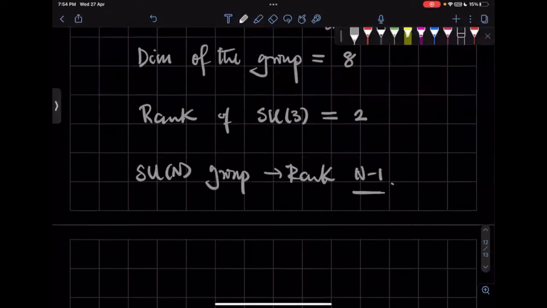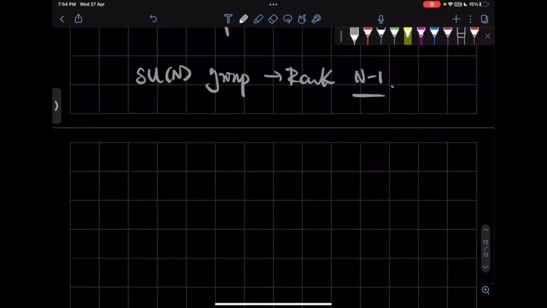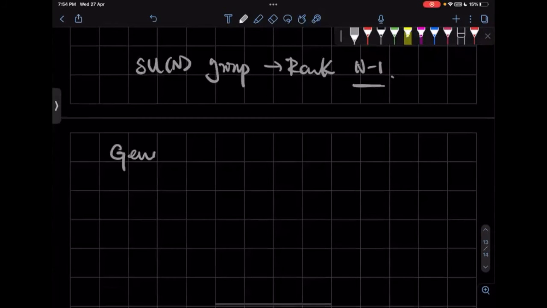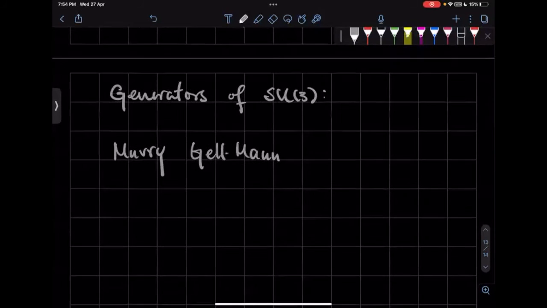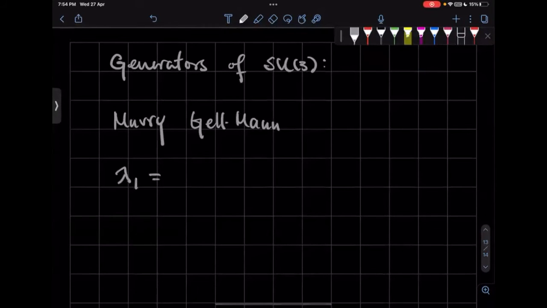Now I'm just going to give you the generators of SU3. For physics, they were constructed by Murray Gell-Mann, so they're known as Gell-Mann matrices. They're 3 by 3 matrices. The first one, lambda 1. The second one, lambda 2.